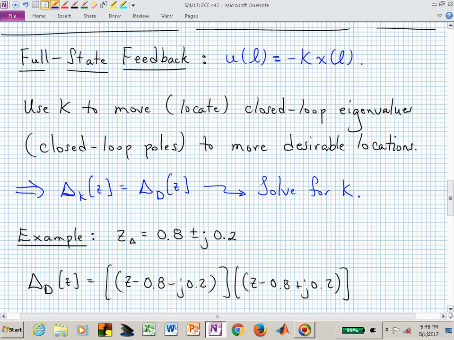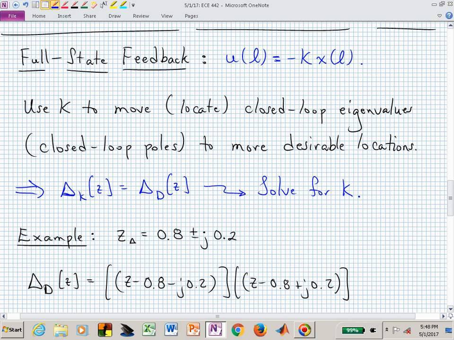With those desired pole locations, we want to create this delta sub d of z. You don't have to do the next few steps. You can start further down the path than what I'm illustrating, but I want you to see where this comes from once, and then you don't have to really do it again.